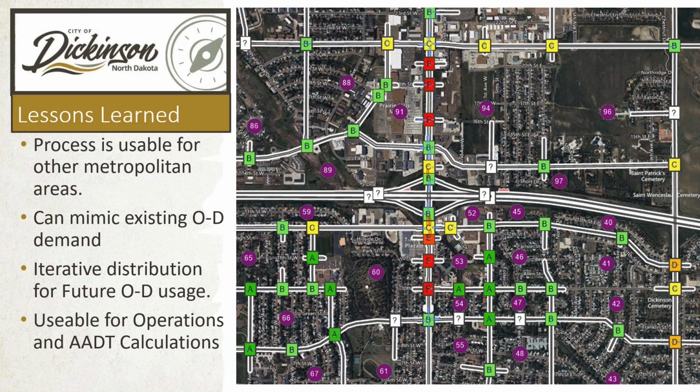It was an iterative distribution for that future origin destination usage, looking at the regional roadways versus the trip generation within the municipality.